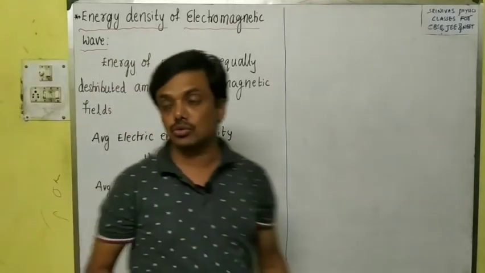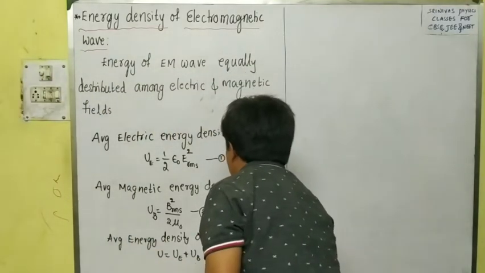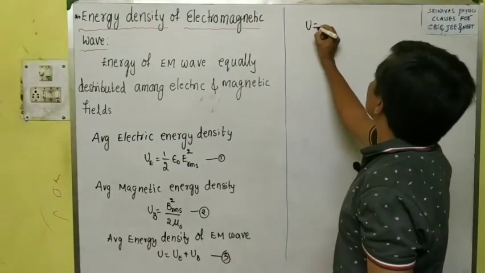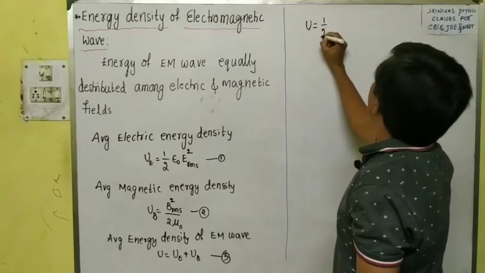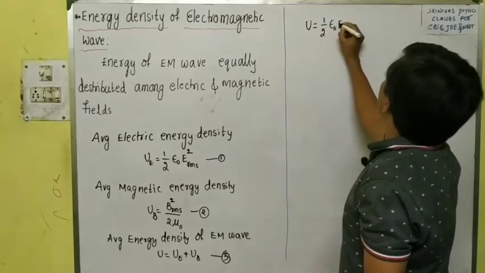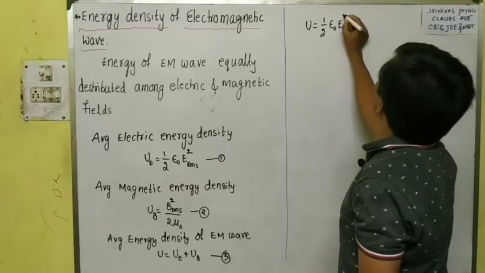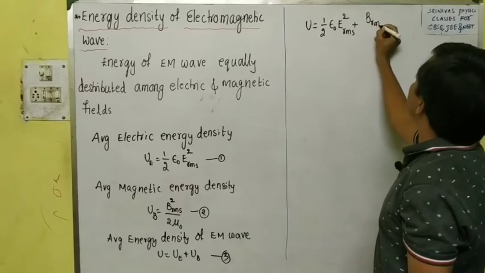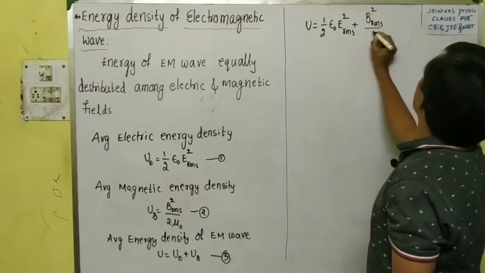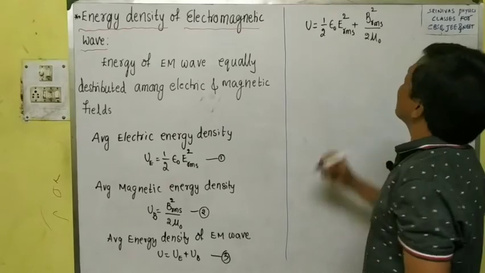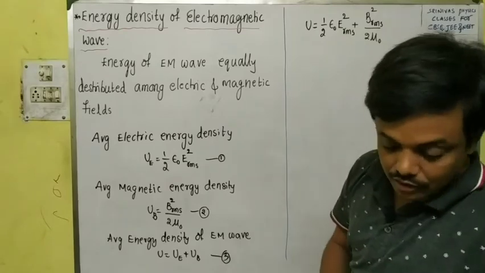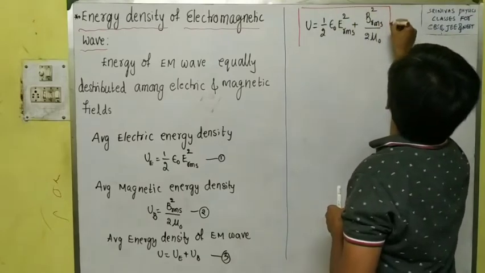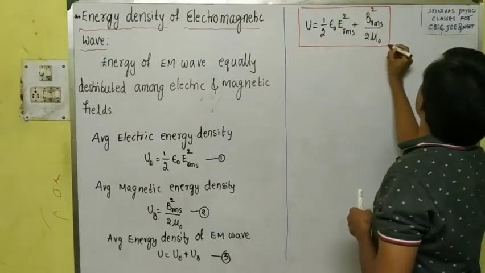We can consider this as equation 3, and from equations 1 and 2 we substitute the values. U is equal to half epsilon naught E RMS square, where epsilon is the permittivity and E is the electric field, plus B RMS square by 2 mu naught. This is the formula for the energy density of electromagnetic wave.